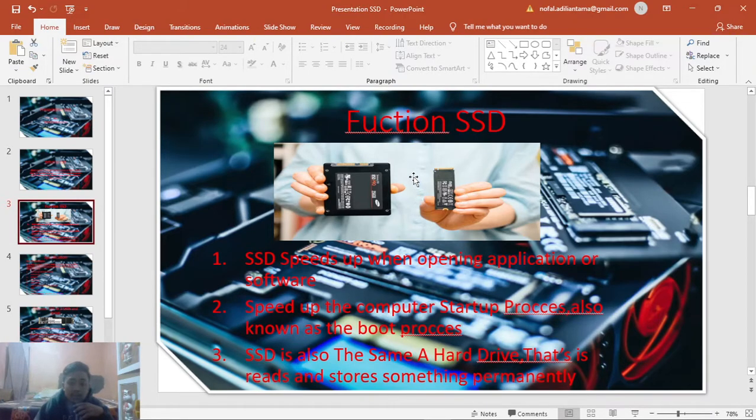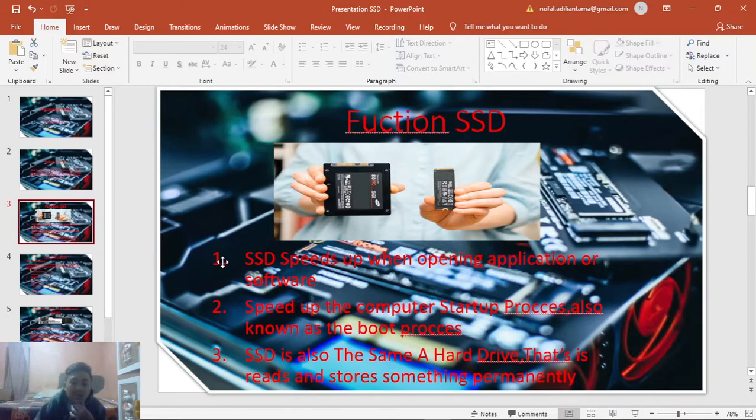Slide number 2 is the function of SSD. Here I explain the three main functions of SSD. Function number 1, SSD can speed up opening applications or software.